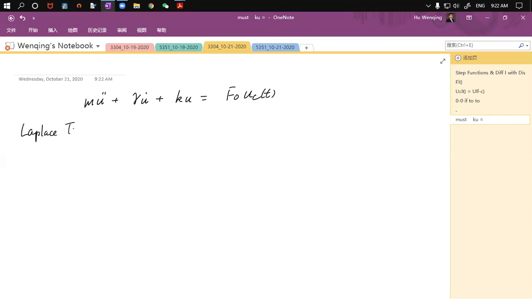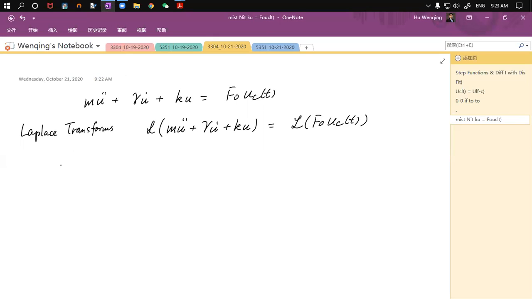We would like to use Laplace transforms to solve such an equation, which means you are going to apply the Laplace transform on both sides of this equation. So the Laplace transform of the left side is equal to the Laplace transform of f0 uc of t, right? If you still remember, the Laplace transform of u double dot is equal to s squared times the Laplace transform of u minus s u of 0 minus u prime of 0.